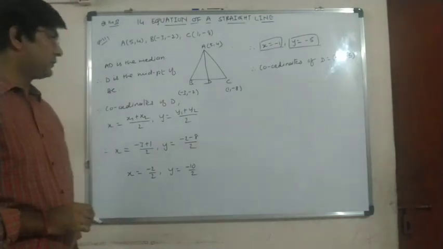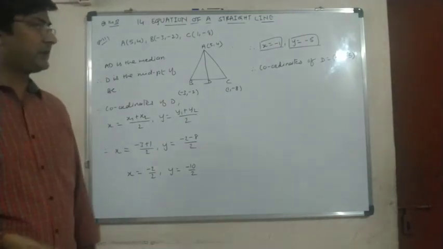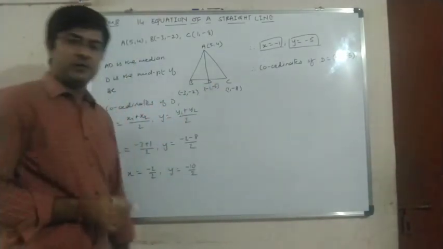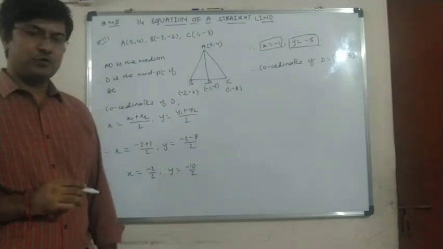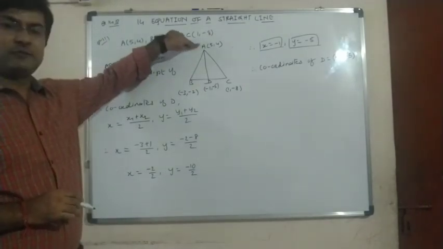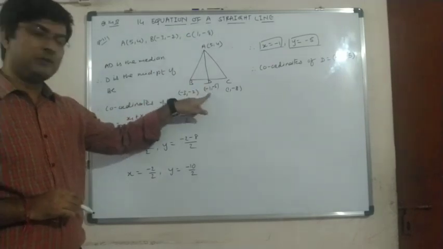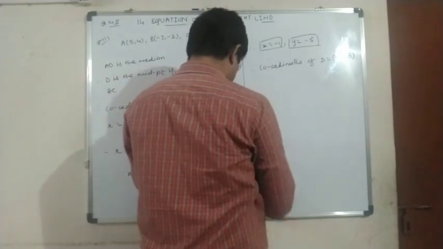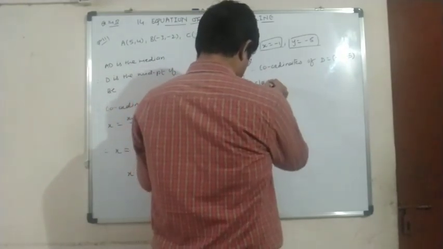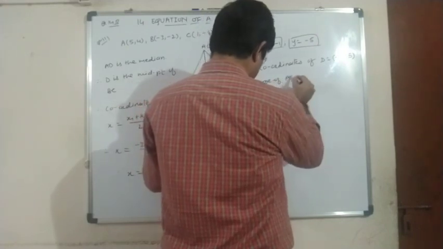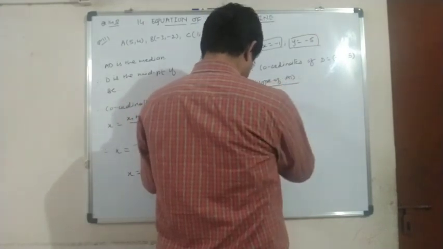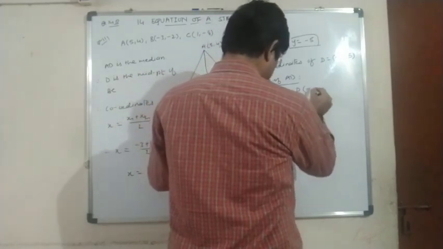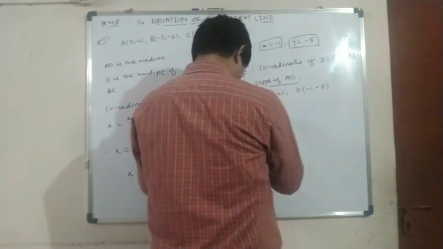Okay, now you are told to find the slope of AD. So now we can calculate the slope of AD. Yes or no? We have a formula to calculate the slope. What is that formula? (y2 minus y1) upon (x2 minus x1). So coordinates of A will be x1, y1 and coordinates of D will be x2, y2. Now slope of AD: we have A (5, 4) and D (-1, -5).